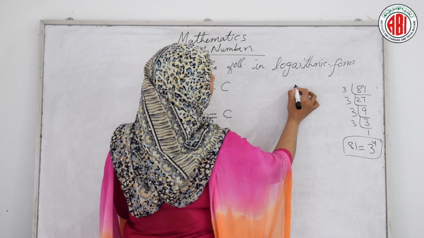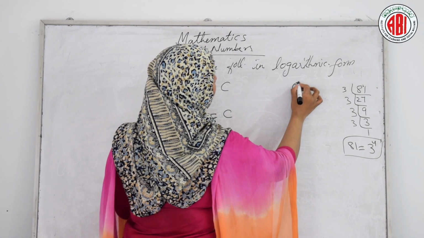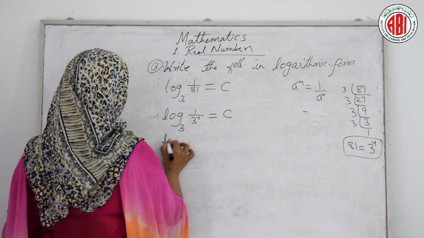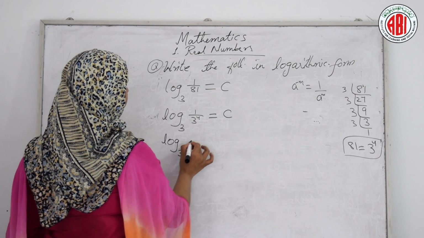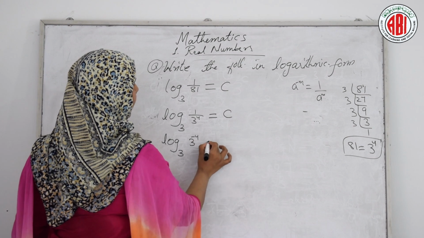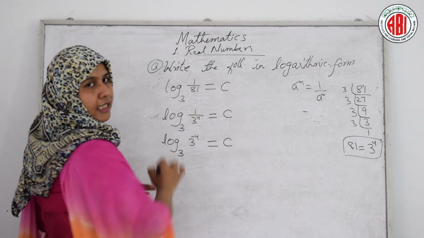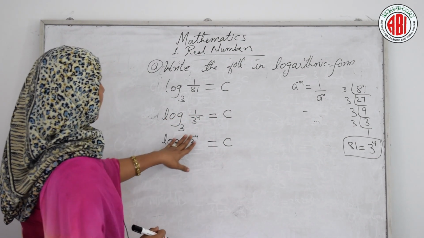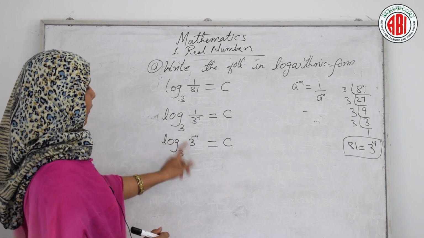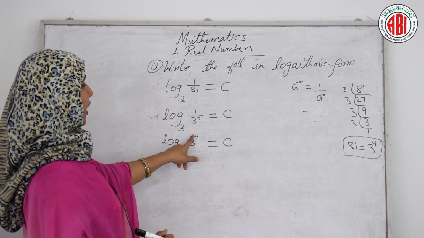We have a to the power minus m, which we can also write as 1 by a to the power m. So 1 by 3 to the power 4 we can also write as 3 to the power minus 4.